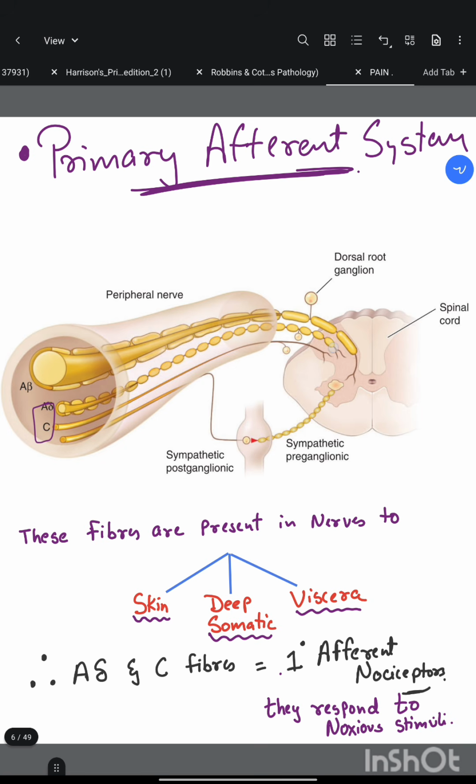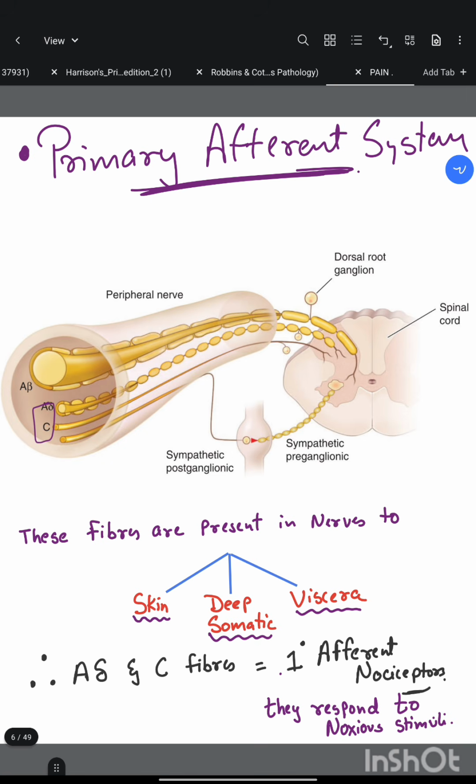From the gray matter, there is this peripheral nerve which is originating, and the peripheral nerve consists of these three distinct axons, labeled as A beta, A delta, C, and there is another unmyelinated one. So basically, we are identifying this peripheral nerve on the basis of its myelination. This looks large and it is myelinated.